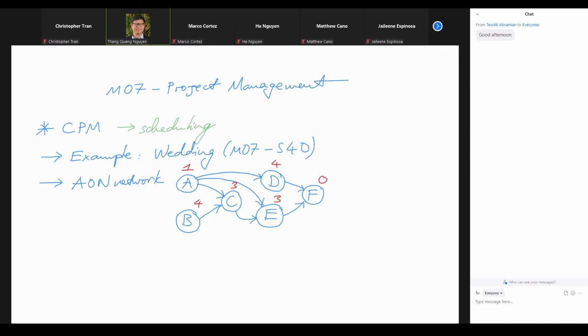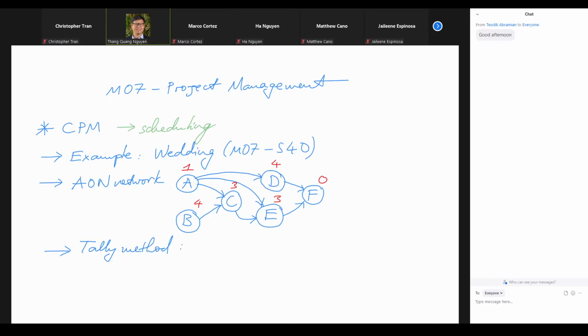And now I would like to remind all of you that we already did the tally method. Let me move it down here. So last time we did 2 methods to find the critical path. The first method is called the tally method.